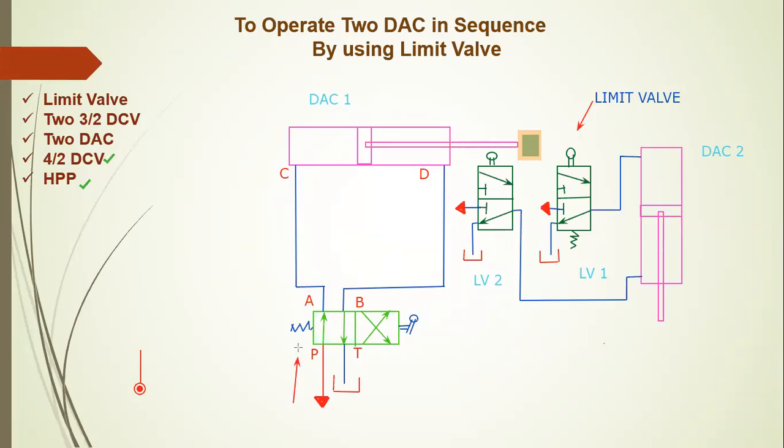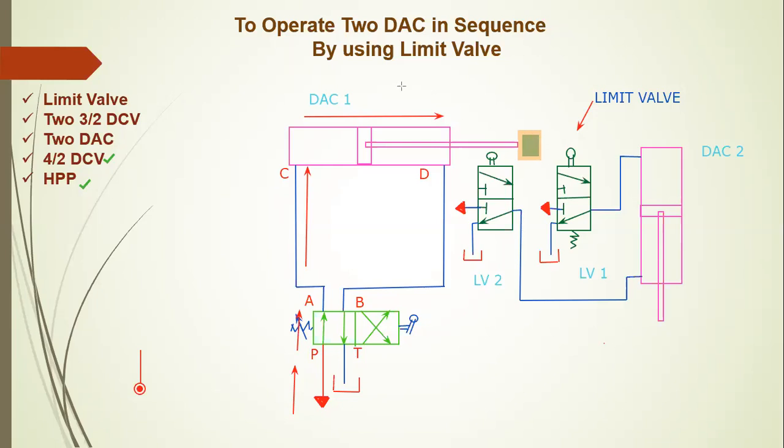First, the oil passes from the hydraulic power pack to the direction control valve and from the direction control valve to the double acting cylinder. At this time, the cylinder arrangement moves in the right hand side direction.